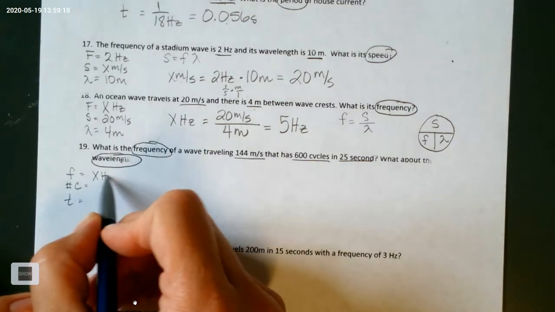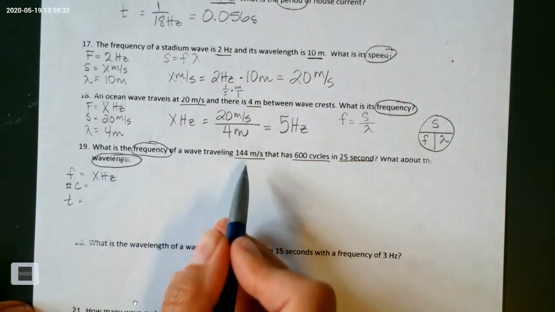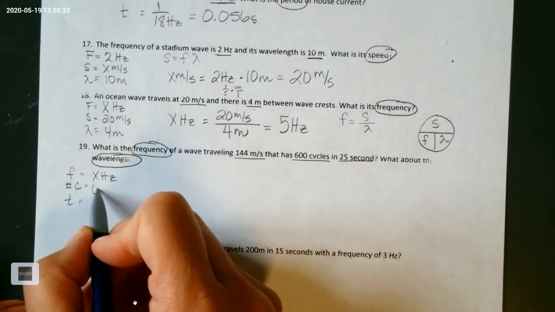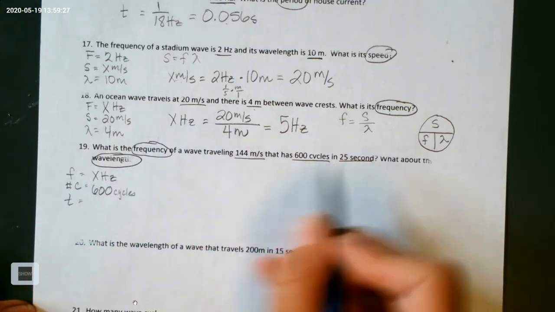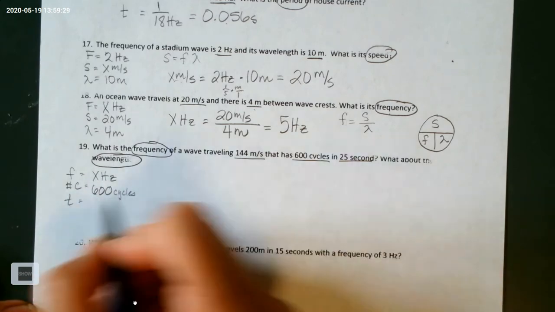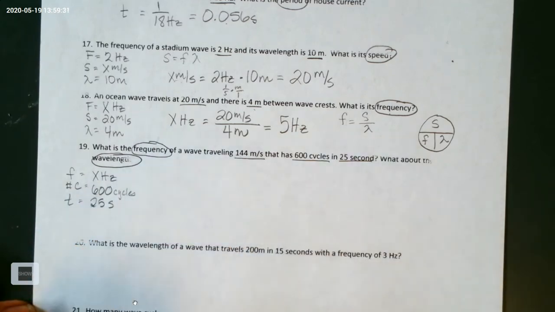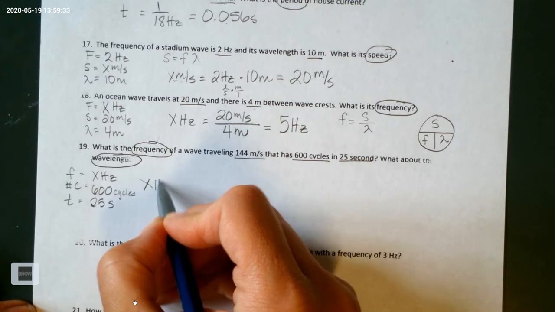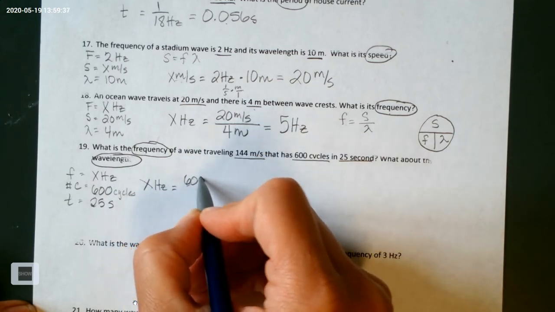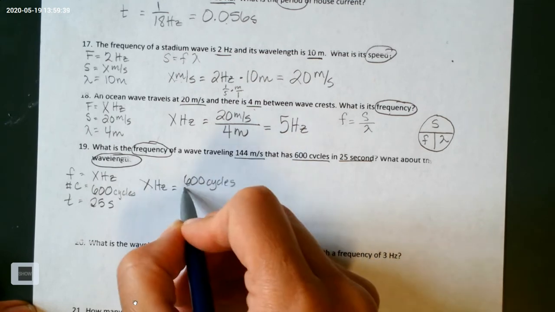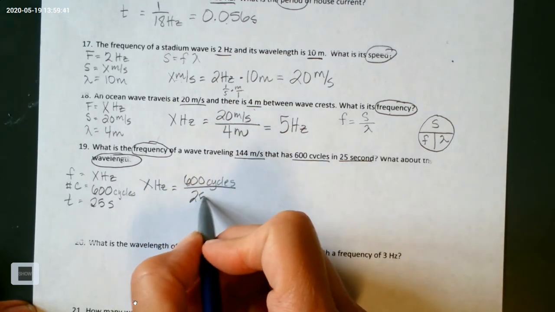So frequency, number of cycles, and time are our three variables. X hertz is what we're looking for, frequency. We have 600 cycles, and we have that in 25 seconds of time. So our first equation to find frequency is going to be x hertz equals 600 cycles divided by 25 seconds.